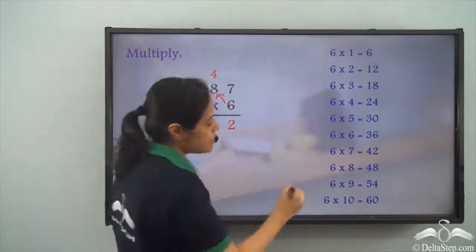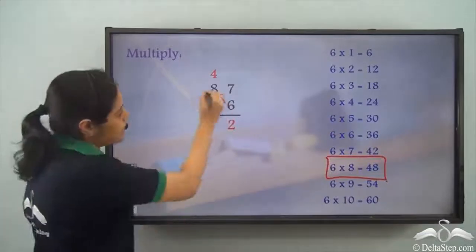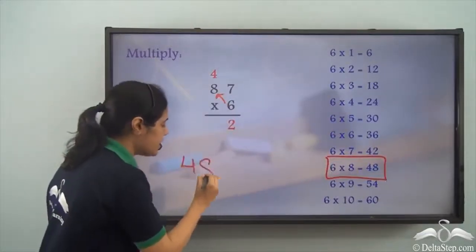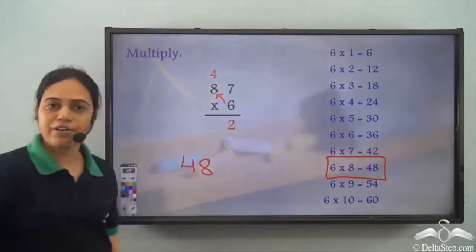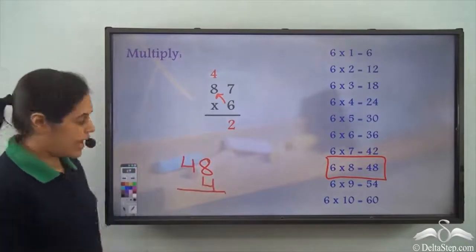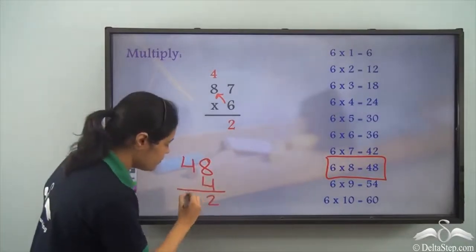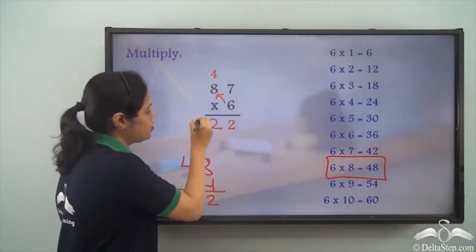What is the answer of 6 into 8? 48. 6 into 8 is 48. And to this 48, now I add 4. So to this 48, I add 4 and I get 52. So 52.